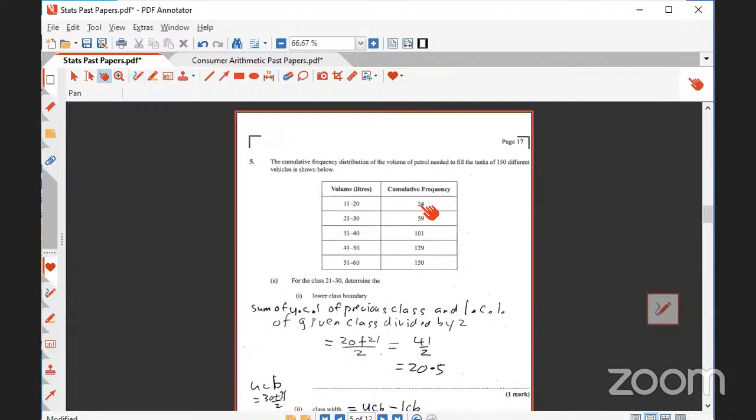We got 59 by adding 24 to the frequency of this class. So if I want the frequency of 21 to 30, I have to subtract the previous value in the cumulative frequency from the value in its class, which is the 59, to get the actual frequency. Using that, you should be able to figure out what to do to get the frequency of 31 to 40.